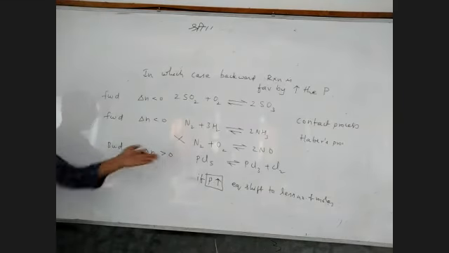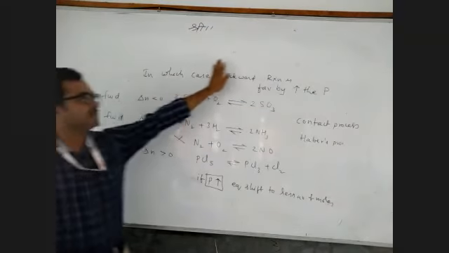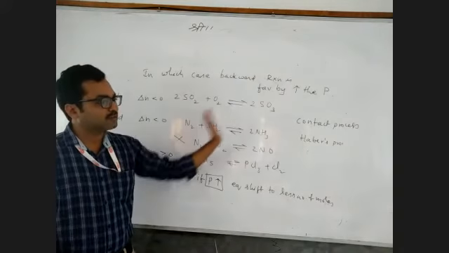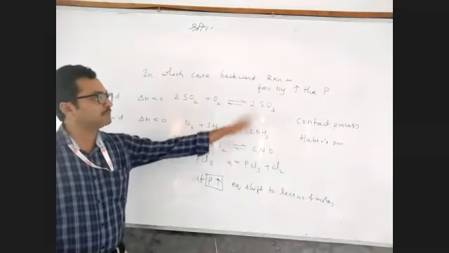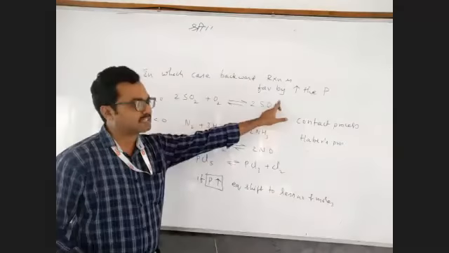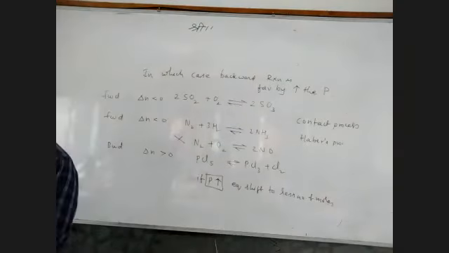Favorable means from right to left. Normally, if backward is not mentioned, favorable condition means reactant to product. But here they mentioned backward, so it means backward only. If they don't mention it, favorable reaction means reactants to product.